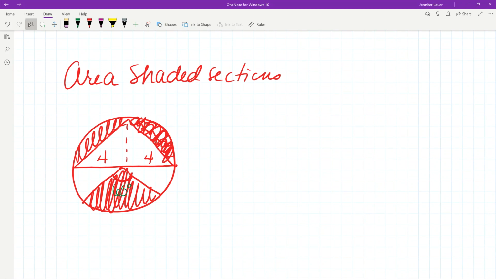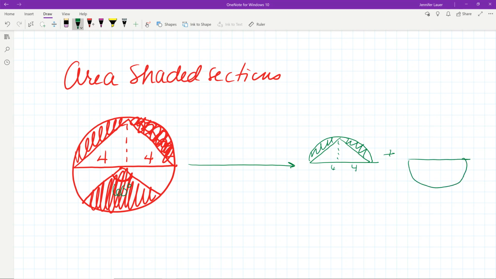But let's divide this up. I'll explain why I'm doing this in just a second. So this area plus this area.